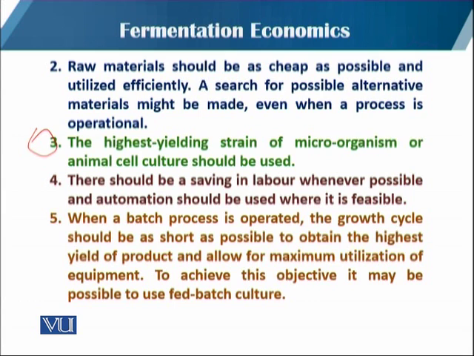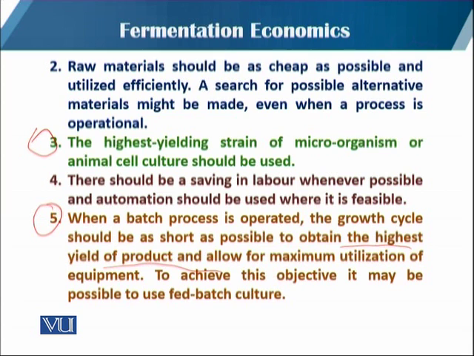Fourth, there should be a saving in labor whenever possible, and automation should be used where it is feasible. If automation is feasible, then we have to go with it just to reduce the cost. Fifth, when a batch process is operated, the growth cycle should be as short as possible to obtain the highest yield of the product and allow maximum utilization of the equipment.